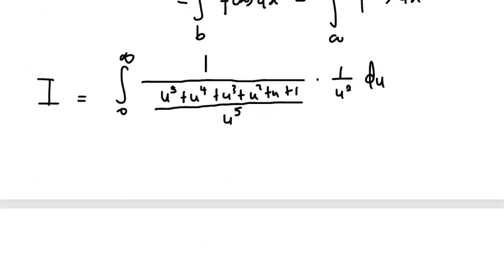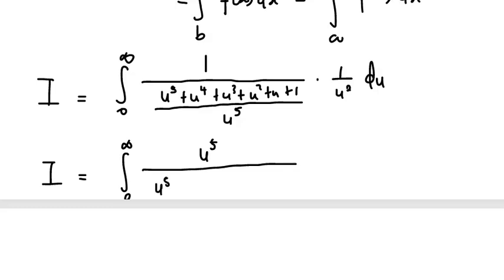Now we can flip that fraction at the denominator, and this will give us the integral from 0 to infinity. So that will become u to the power of 5 divided by u to the power of 5 plus u to the power of 4 plus u cubed plus u squared plus u plus 1, then multiply by 1 over u squared and then du.